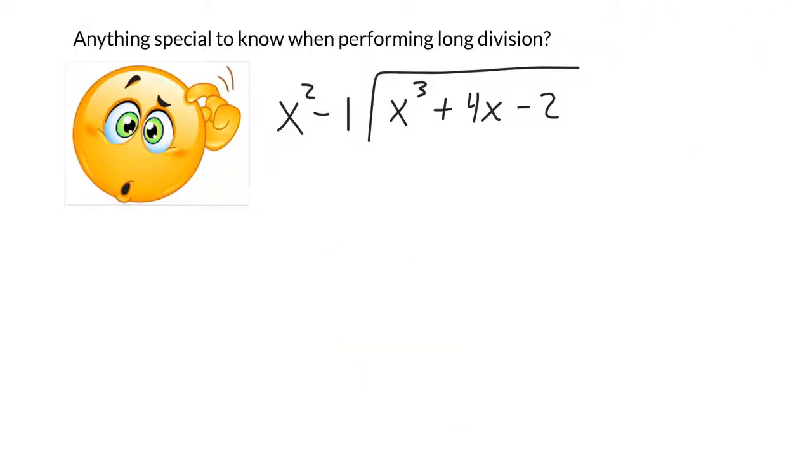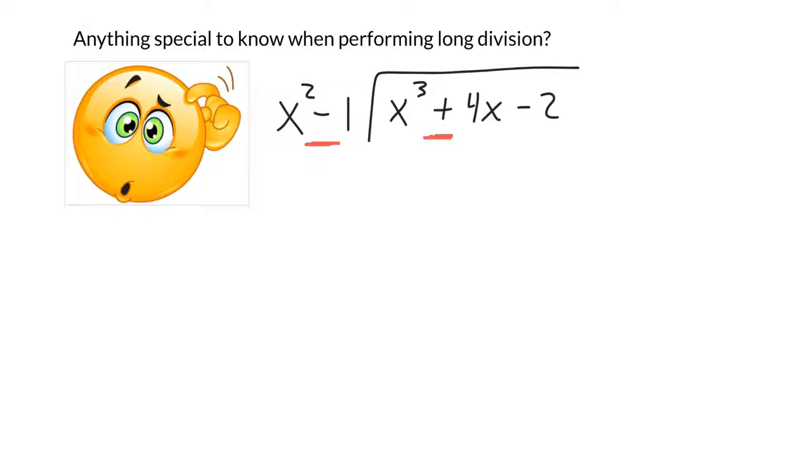Actually, there is something special to know when performing long division on polynomials. Do you notice that in the problem here, we're missing a term where we don't have any x's? We jump from x squareds to just constants. And in here, we're missing a term because we jumped from x cubed to 4x. There was no x squared term. So the trick to getting started with these is to make sure that everything is present in both what you're dividing by and what you're dividing into.